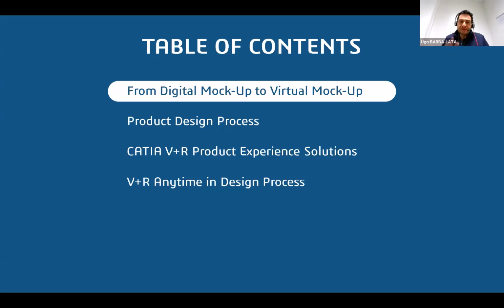And then we will see the process. All the product experience solutions will help you to visualize, experience, and make decisions on the realistic model, consuming the data from design and engineering. And at the end, you will see that over this whole presentation, the product experience is something that is accessible at every moment of a design process.